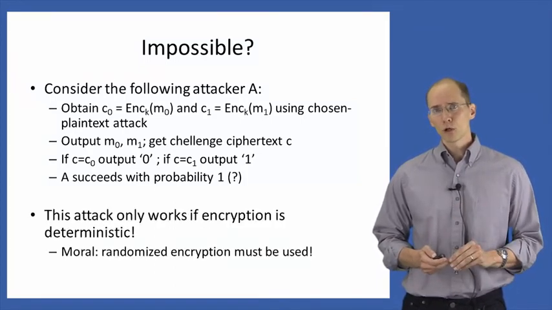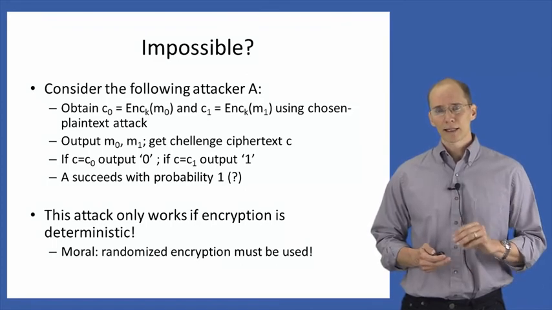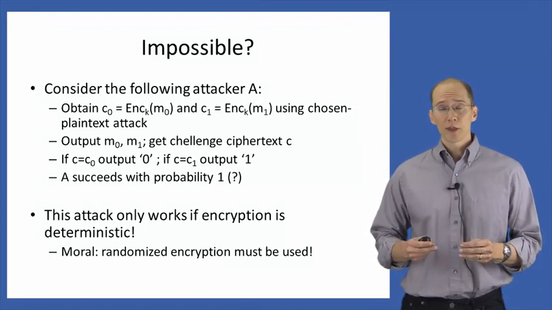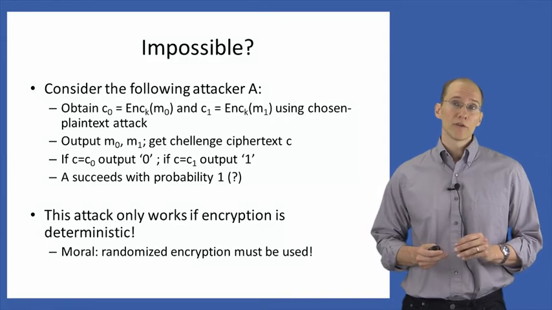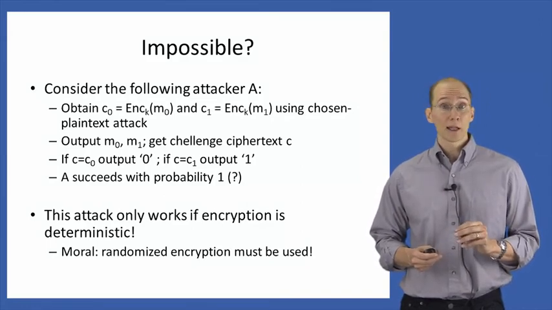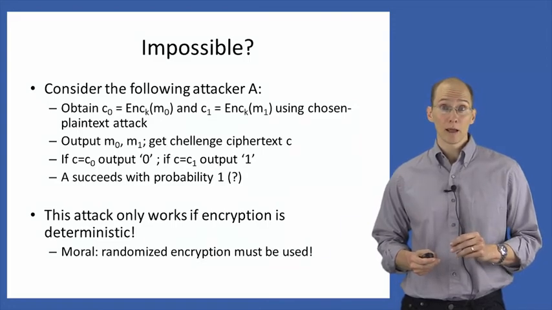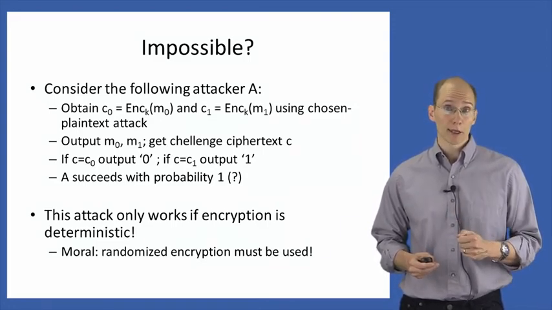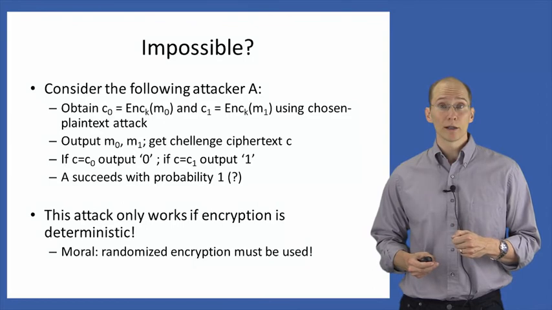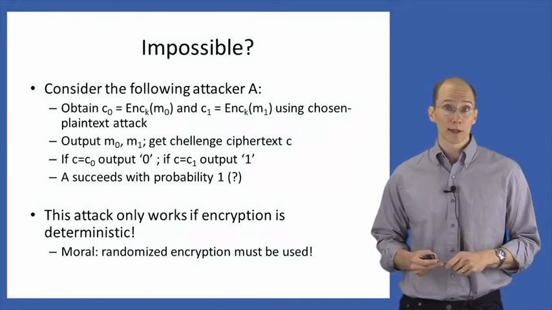Well, in fact, if you look carefully at this attacker, you'll see that this attack only works if encryption is deterministic. That is, if we assume that the encryption of M0 using a key k always gives the same result C0, and encryption of M1 using k always gives the same result C1.